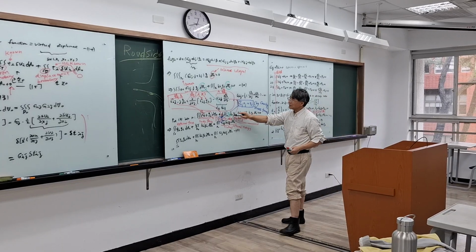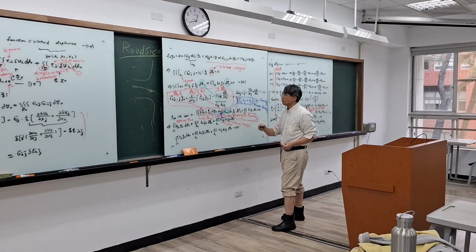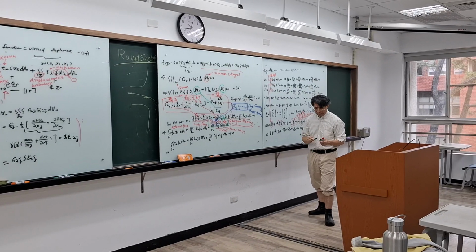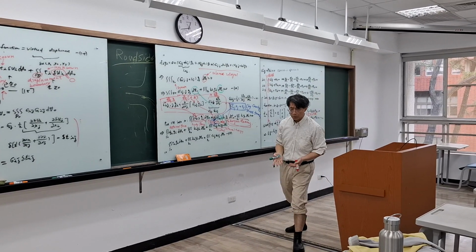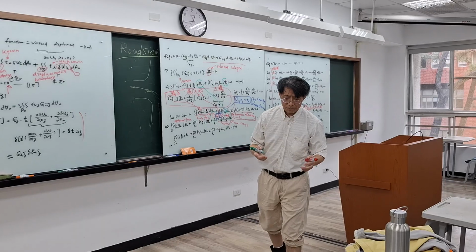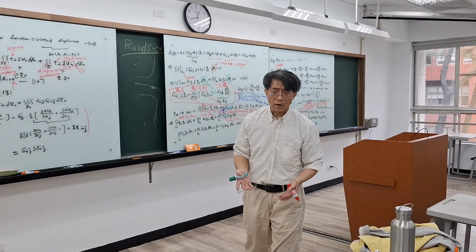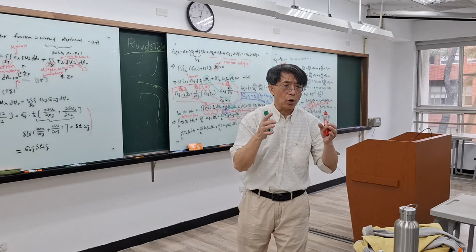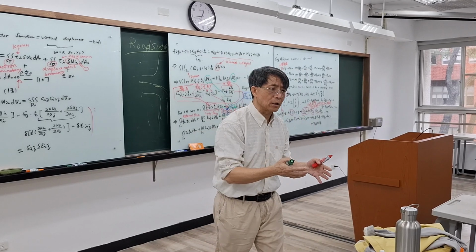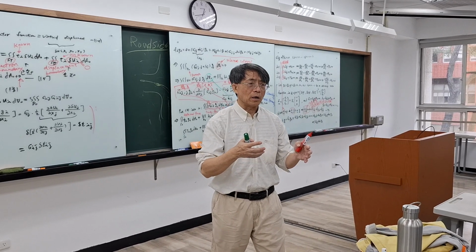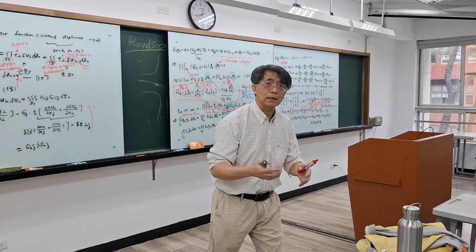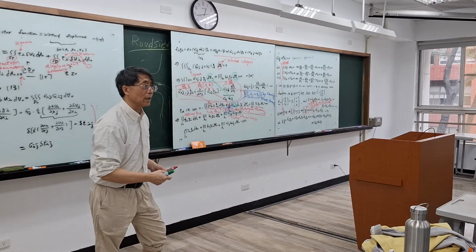So by doing this, we finally can get the surface integral according to the divergence theorem. So this is a very important step for the derivation of the virtual work principle. We try to turn our volume integral into a surface integral such that the external loading on the surface can be related to the integral here.